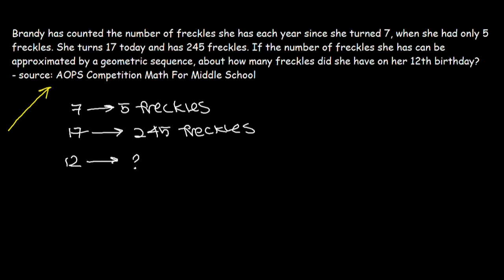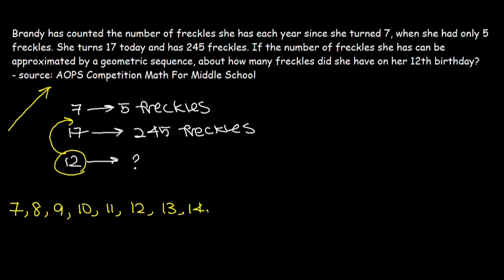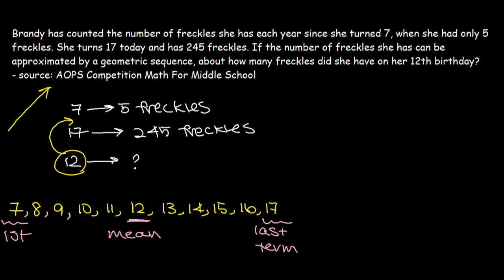Well, I think you can see how to solve this problem already, because look, 12 is in the middle of this sequence. It's going to be 7, 8, 9, 10, 11, 12, and on until she is 17 years old. So we see that 7 is the first term, 17 is the last term, and 12 comes right in the middle. So this is going to be the geometric mean of this sequence.